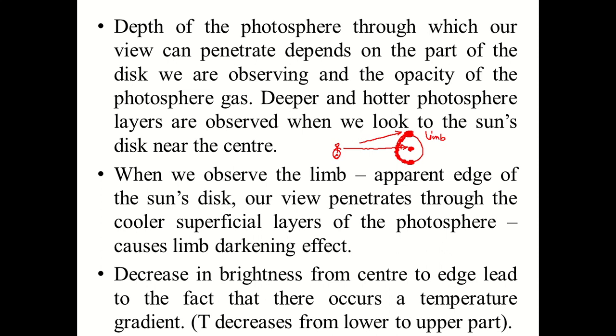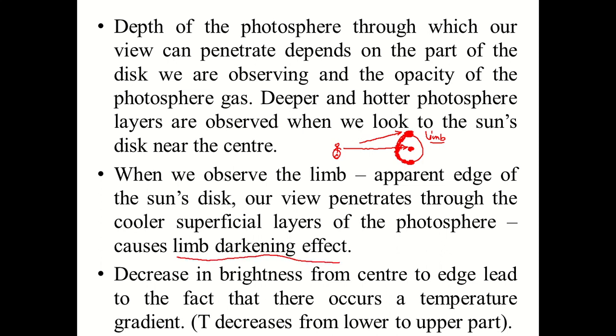When these regions are cooler, they appear a little bit darker compared to the hotter regions. So a person observing the sun's disk at two different points, one near the center and one at the limb, can observe a decrease in the brightness at the limb, and this decrease in the brightness is called the limb darkening effect.